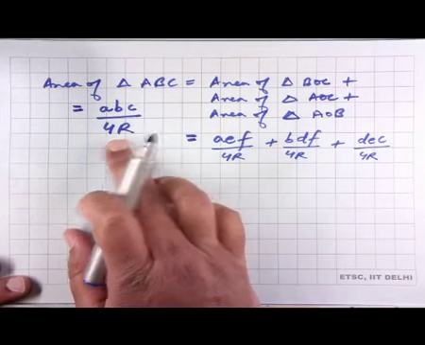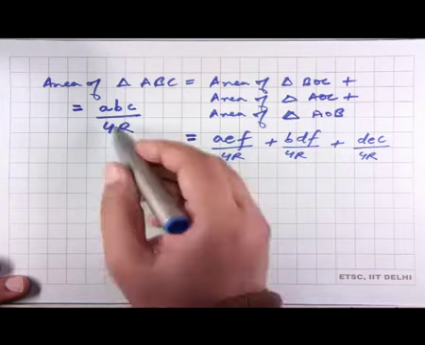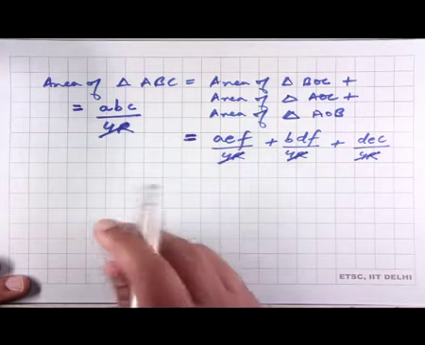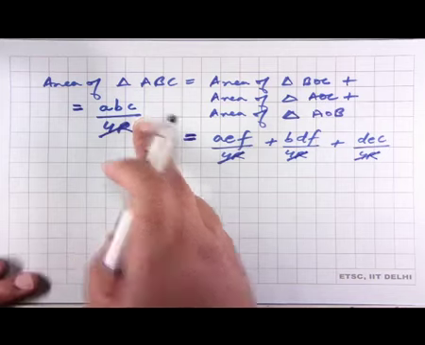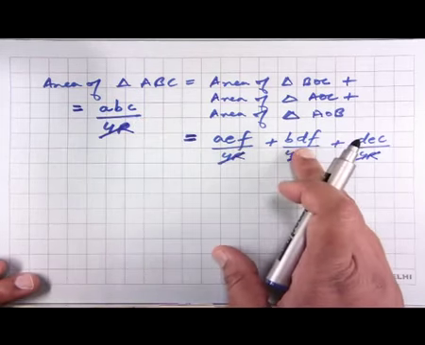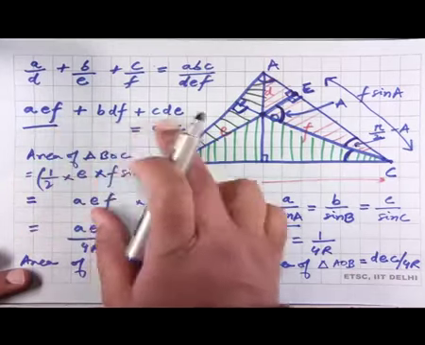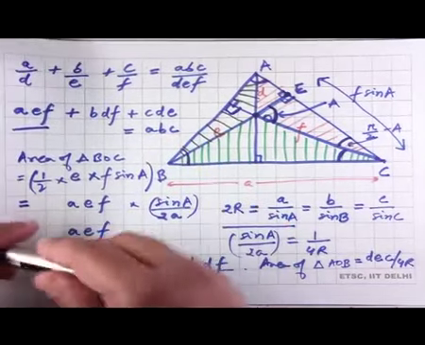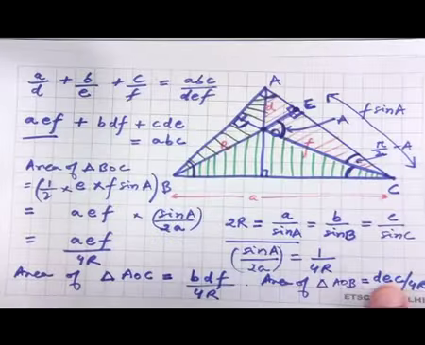Therefore, we have shown that this and this and this are equal, and since 4R is common to the denominator everywhere, we ultimately have shown that ABC is equal to AEF plus BDF plus DEC, and this is precisely what we were asked to prove in the question. So, this finishes the proof of the first question, or the solution to the first question.